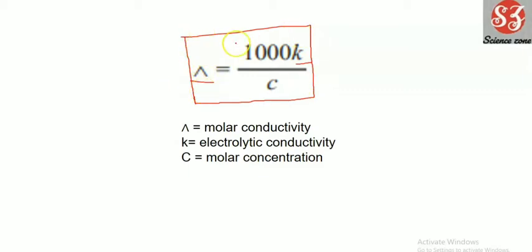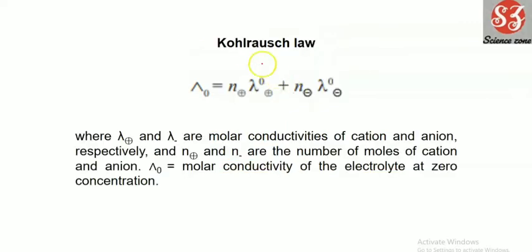So this is the formula you need to remember: molar conductivity is equal to 1000 into conductivity divided by molar concentration. So C represents the molar concentration, K represents the electrolytic conductivity, and lambda represents molar conductivity. So molar conductivity equals 1000 into electrolytic conductivity divided by molar concentration.